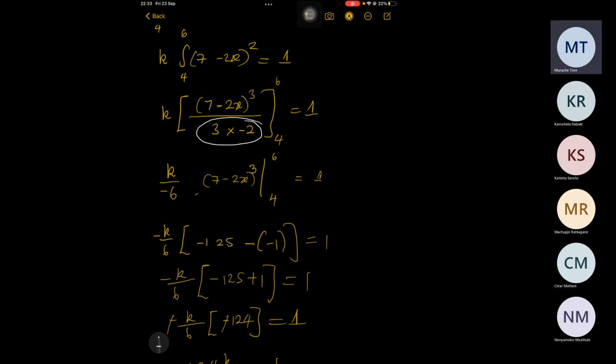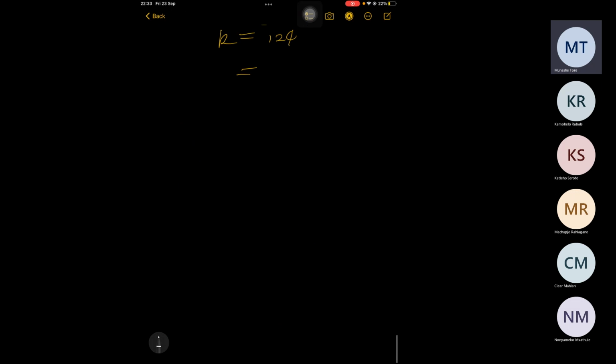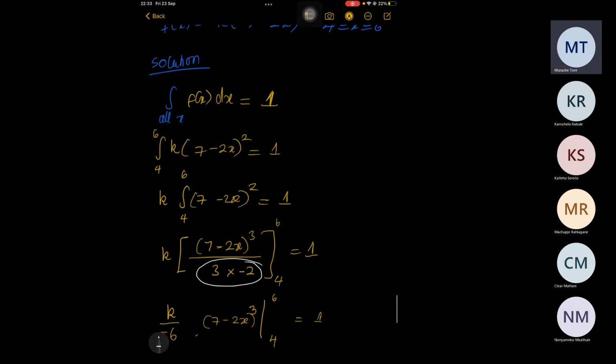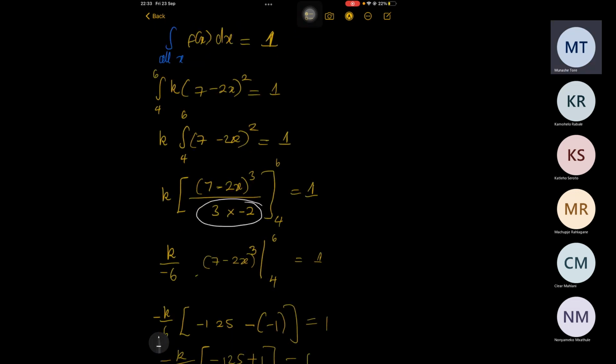Okay, let me do this the conventional way. Oh, 3 times 2. Yeah, because when you integrate, you divide by the new power, which is 3, then you multiply by the derivative, which is the derivative of negative 2x.